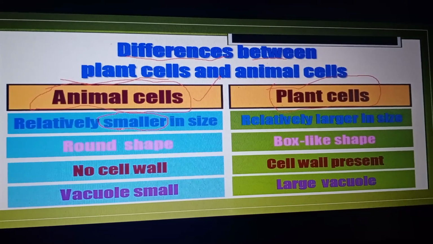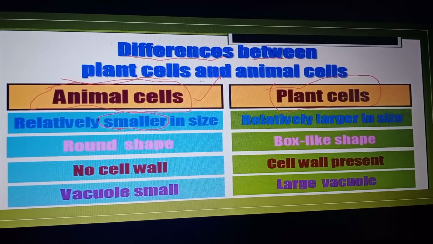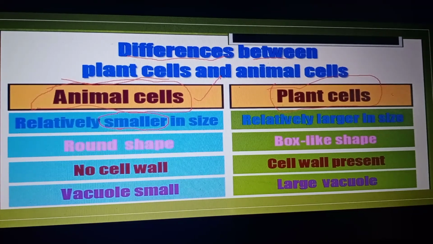Relatively smaller in size. If you notice, it's quite smaller than plant cells. While our plant cells are larger in size, meaning quite bigger. Larger, bigger, it has almost the same meaning.